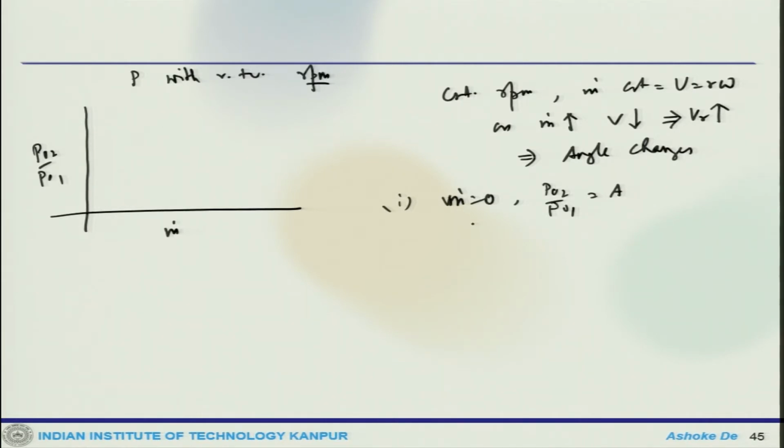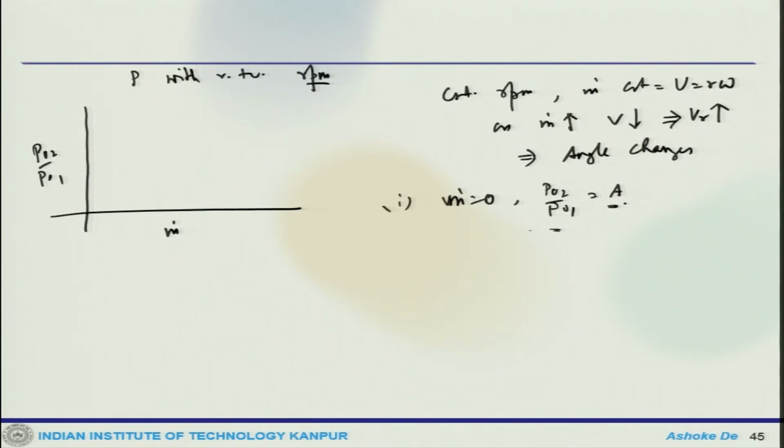However, at this condition no flow goes through the diffuser, hence no pressure rise in the diffuser. Now, as the valve is opened, the flow starts in the diffuser, hence the diffuser starts adding some extra pressure rise, and then P naught 2 by P naught 1 starts increasing.